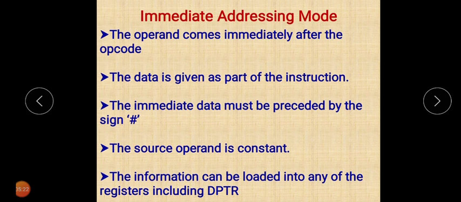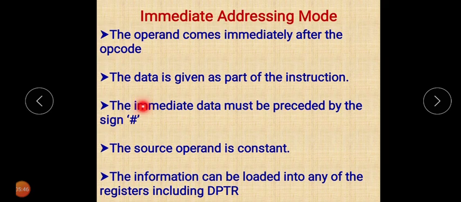Immediate addressing mode. In this type of addressing mode, the data comes immediately after the opcode and it is given in the instruction itself. To understand that data is given directly in the instruction, we use the symbol hash.